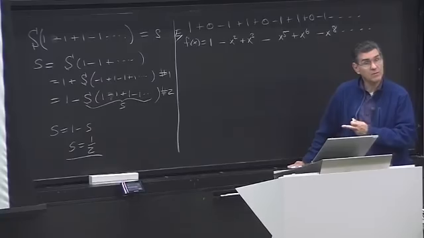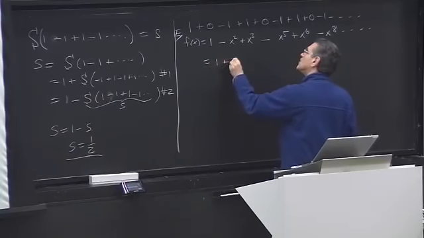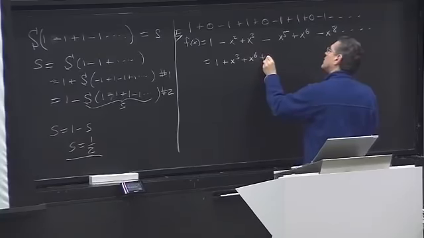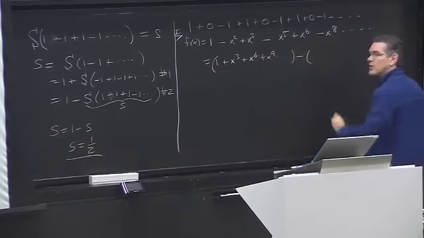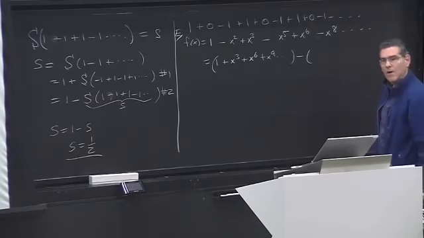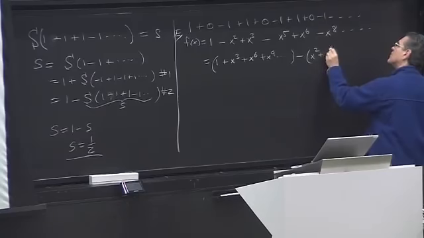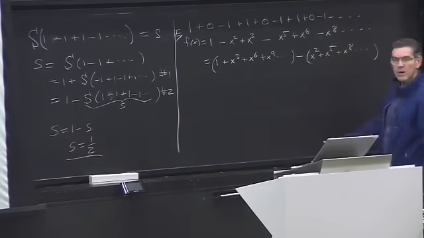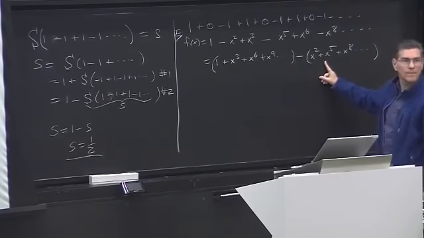Did you see that? See what I did? Multiplied the nth term by x to the n. So this is equal to 1 plus x cubed plus x to the 6th plus x to the 9, and so on, minus x squared plus x to the 5 plus x to the 8, and so on. Now, here, what did I do?